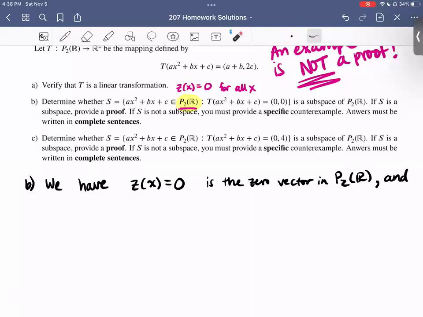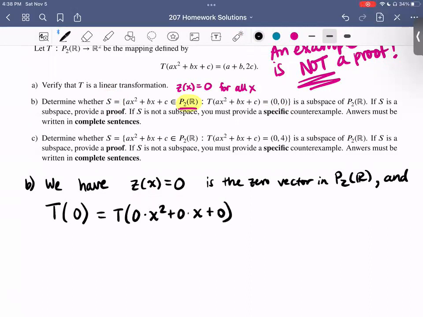If we take the transformation and we get 0, 0, then this is also in S. So let's take the transformation of 0. You could think of this as 0 times x squared plus 0 times x plus 0. That's the same as the 0 function. Now let's apply the transformation.